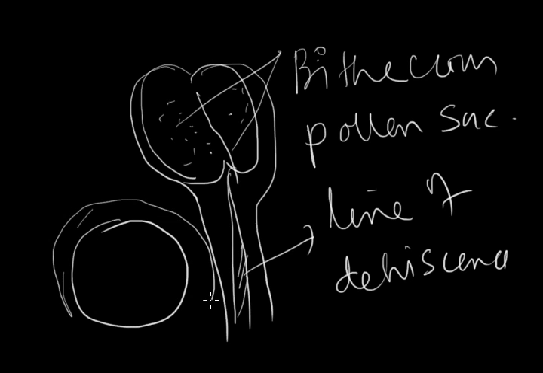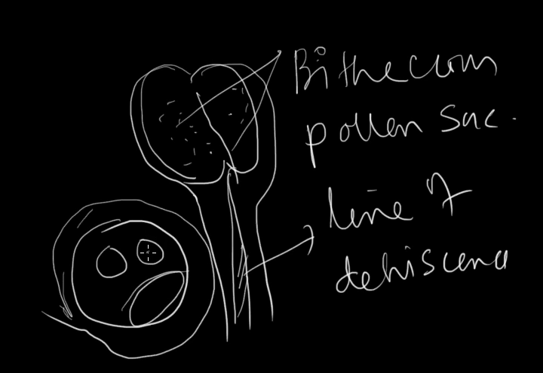This is the outer pollen cover containing, inside of it, a vegetative cell and vacuoles. So these are vacuoles and this is a vegetative cell.